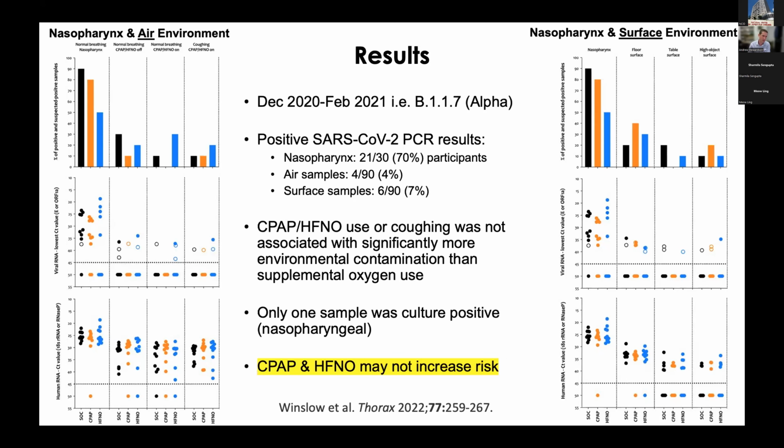Neither CPAP nor high-flow nasal oxygen use or coughing was associated with more environmental contamination than supplemental oxygen use alone. And only 1 sample was culture positive, and that was a nasopharyngeal sample. So their conclusion was that CPAP and high-flow nasal oxygen may not increase risk above supplemental oxygen use.